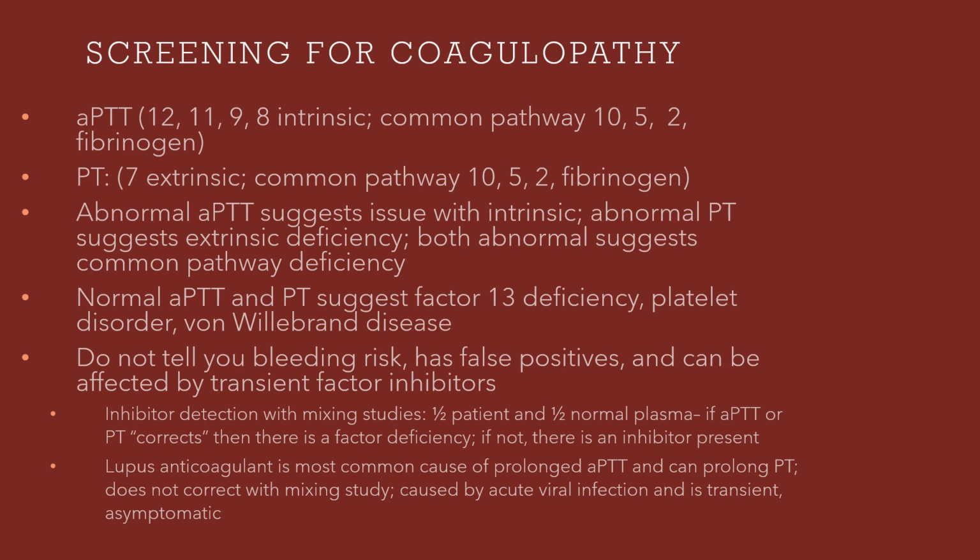So if you're suspicious that the patient has a factor deficiency, you're picking up an abnormal PT or PTT, or you're not sure if it's a factor deficiency or an inhibitor, when you add the normal plasma, if it was just a factor deficiency, then that PT or PTT should correct because the deficiency is no longer present. But if you combine the normal plasma that you know has all the factors and it still doesn't correct, then there's a factor inhibitor present that's acting on the normal plasma alike.